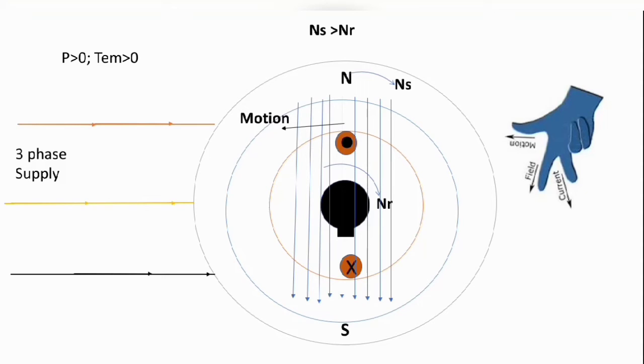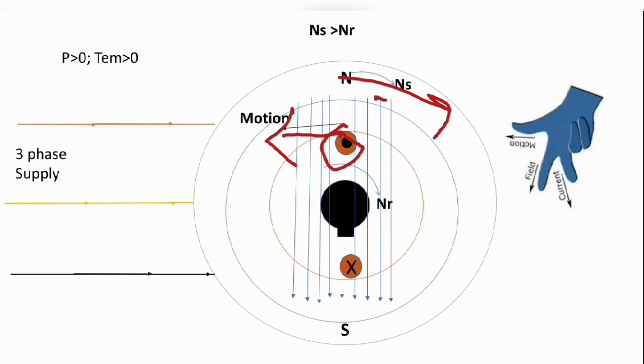Then, due to the electromagnetic induction principle, by using Faraday's law, we see the rotor is stationary and the field is rotating. So with the rotating magnetic field at the stator, the rotor conductors appear to move in the opposite direction.